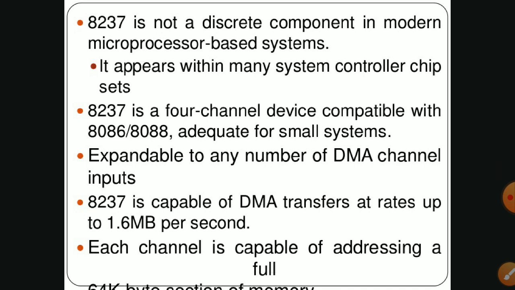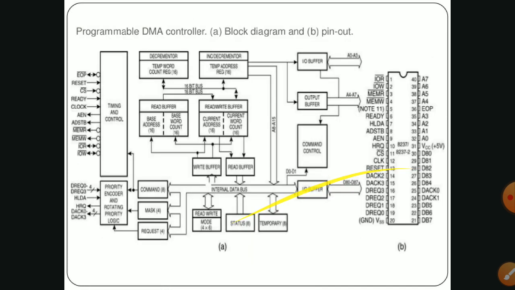As I already said, the DMA controller provides very high speed data rates. Each channel is capable of addressing a full 64 kilobytes of memory, and the DMA controller has its own memory and IO control signals.